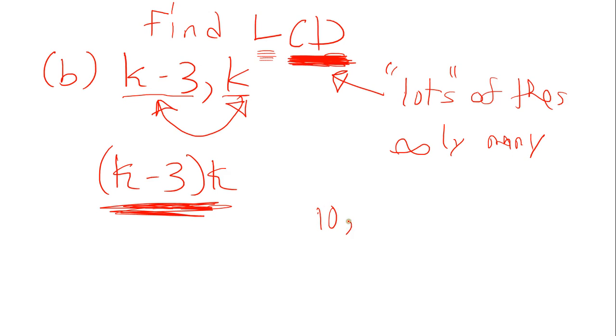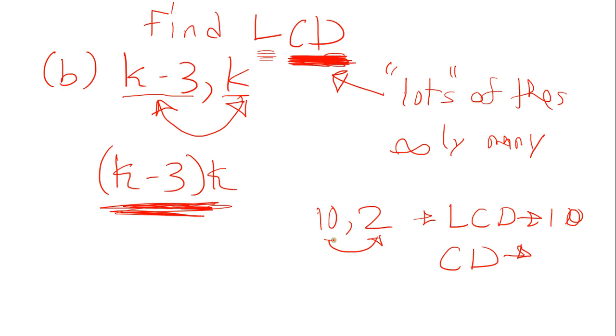But really, if I want to find a common denominator, let's just say I have 10 and 2. The LCD, of course, here is 10. If I just wanted to find a common denominator, I can just multiply the two and get 20.